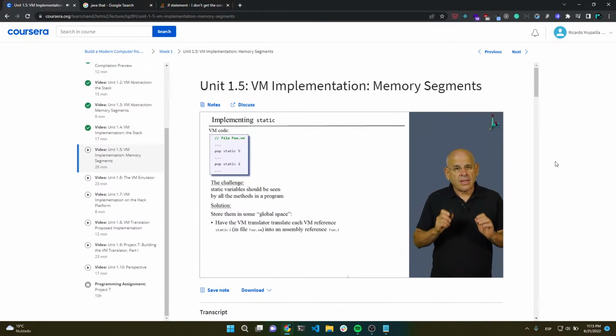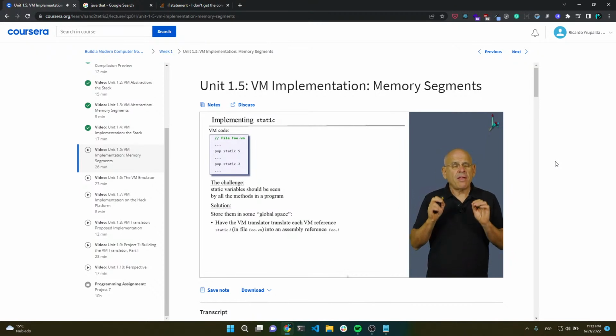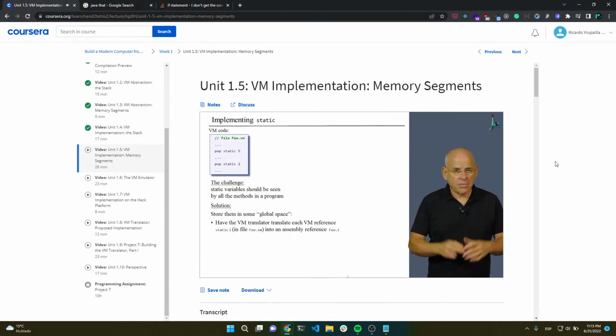And so the decision that we decided to undertake is to have the VM translator translate each reference to static i in some VM file foo.vm into the assembly reference foo.i.